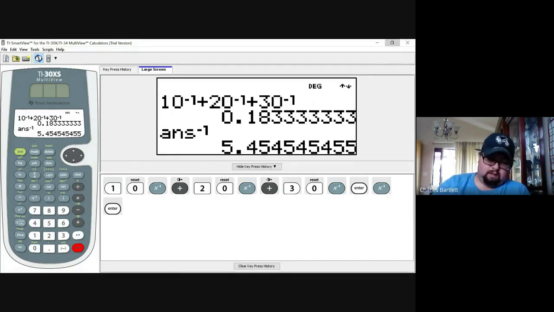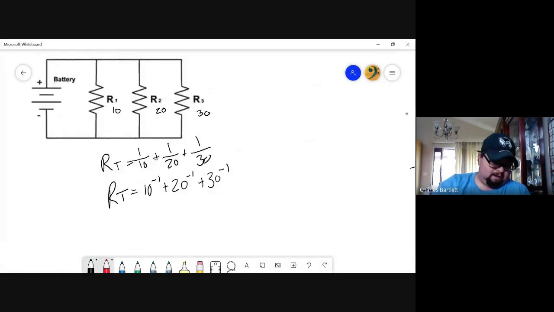So we could definitely just call that RT equals 5.5, right, and just round up. Or we could keep it more detailed and do 5.45, or we could just keep going until we get it all the way.